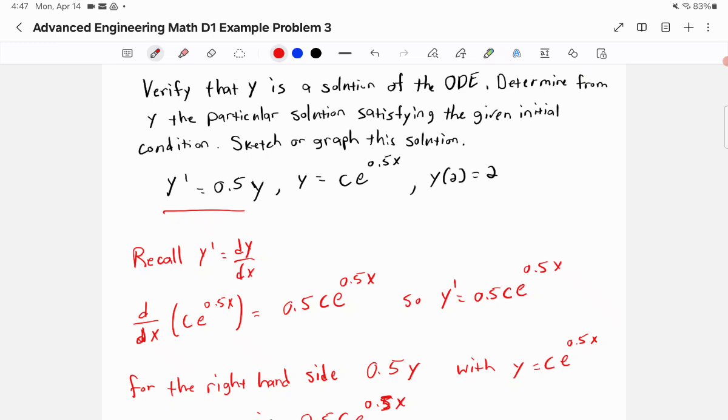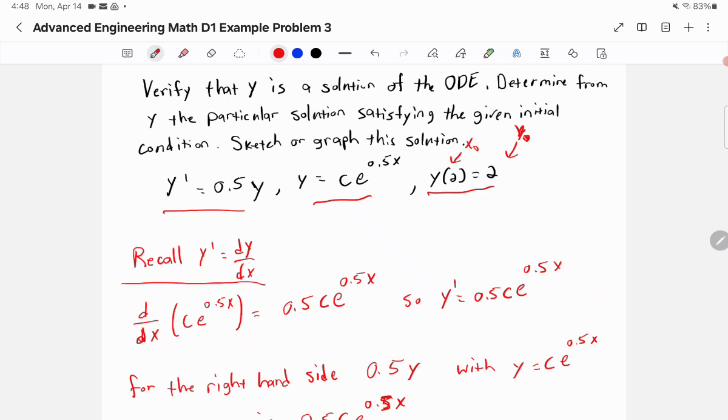The second part is the solution is given by c times e to the 0.5x, so y equals c e to the 0.5x. And the third part is an initial condition where x0 is 2 and y0 is also 2.